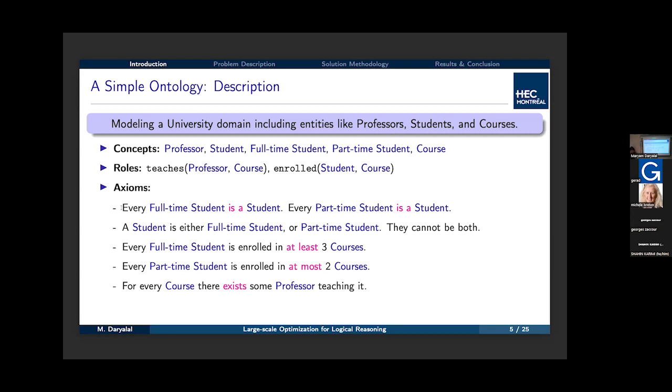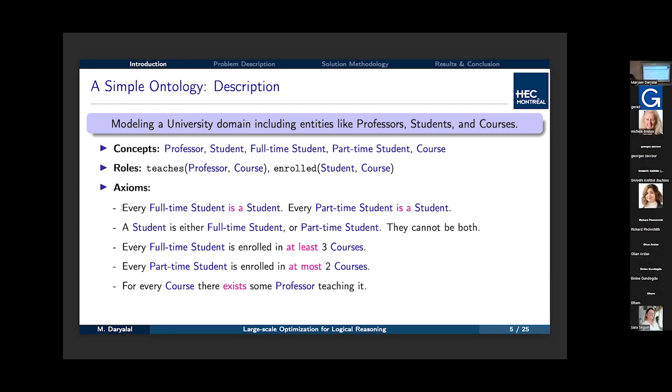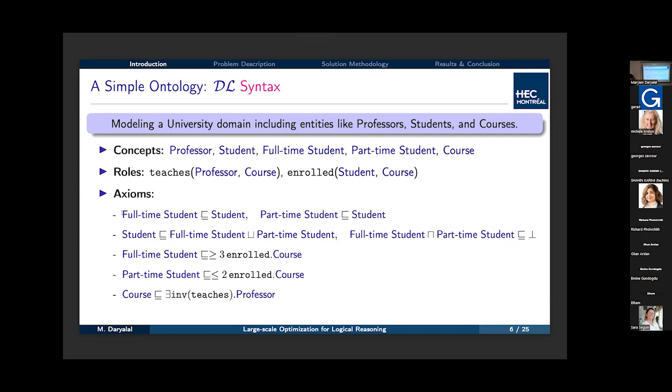I want to represent these things using the language OWL. I want to represent every full-time student is a student, and every part-time student is a student. So that would be like this. Full-time student is subsumed by student.